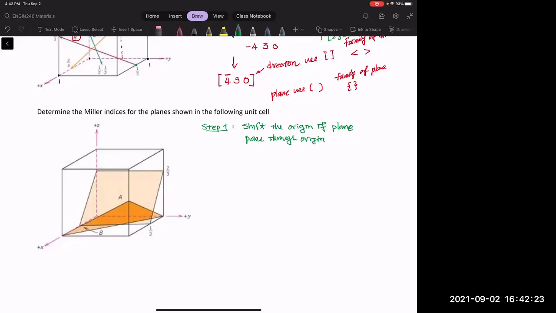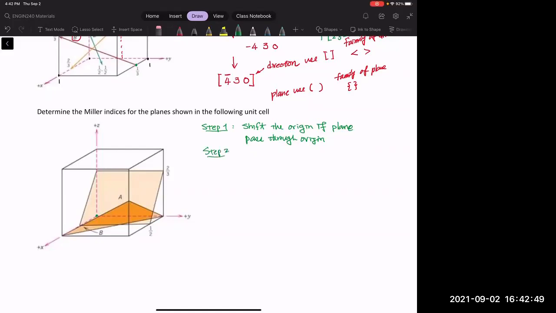Let's say I am going to do plane A, the light yellow one. This plane doesn't pass through the origin, so I don't need to do any shifting.